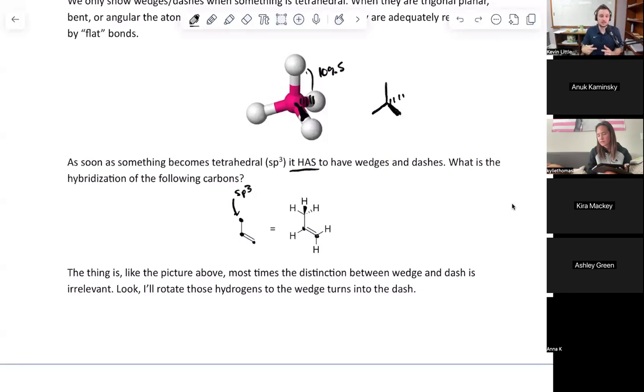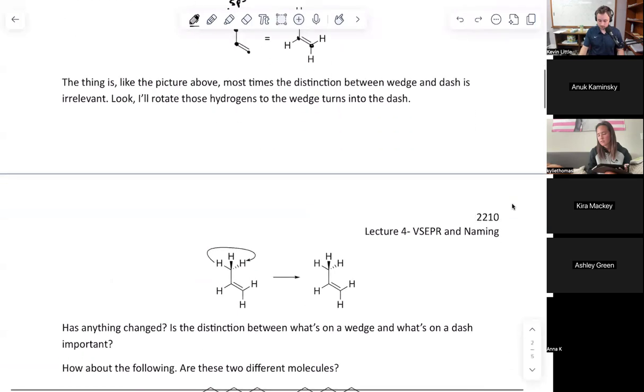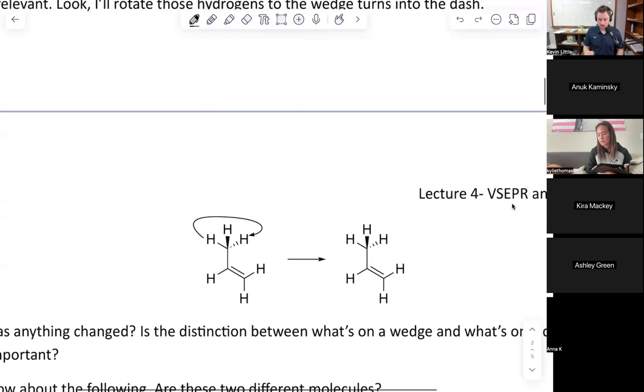The thing is, we just don't do it that much because a lot of times it's irrelevant. So let's look at it. If I swiveled all these hydrogens around and I changed which hydrogen was on a wedge and which hydrogen was on a dash, does that change the picture at all? Has anything changed about what I've drawn? No, these are the same molecules.